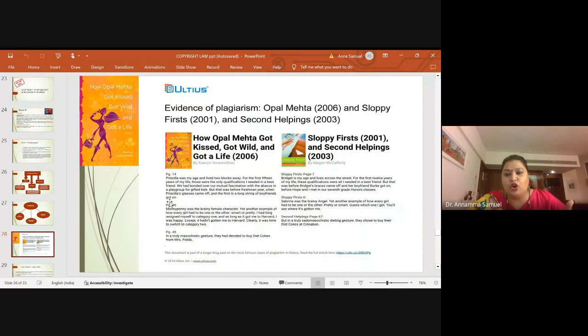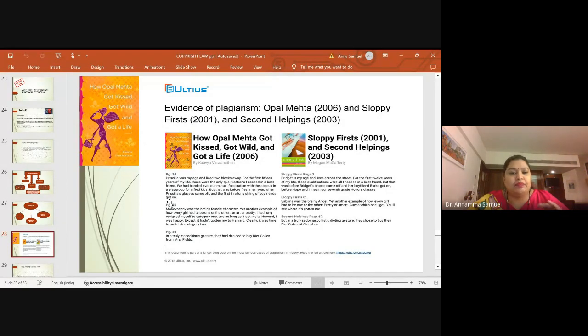It was long before, you might perhaps be knowing it. This is the plagiarism of the Opal Mehta and the Sloppy Firsts. So the Opal Mehta book was written by Kavya Vishwanathan, I think in 2005, 2006. You can find there are a lot of paragraphs which are exactly lifted.